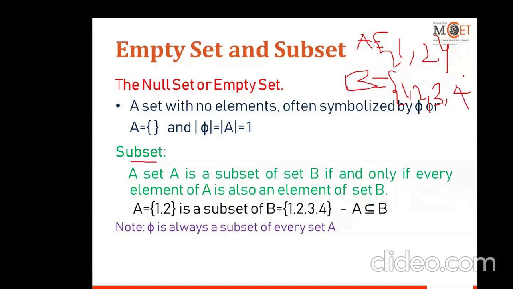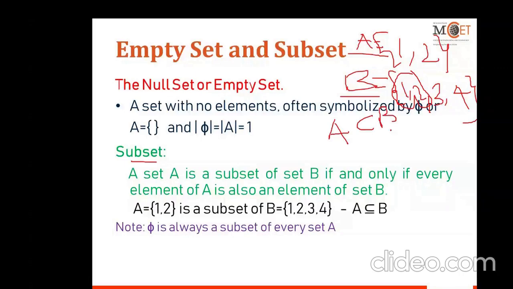Now set A is a subset of B if all the elements in A are there in set B. Can you understand? Set A has two values, 1 and 2. 1 and 2 are there in B. So A is a subset of B.